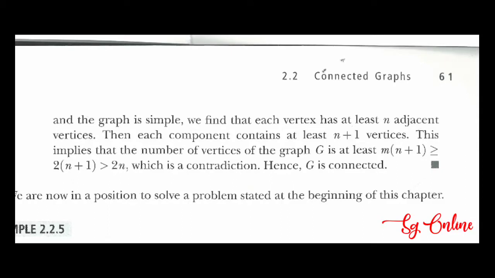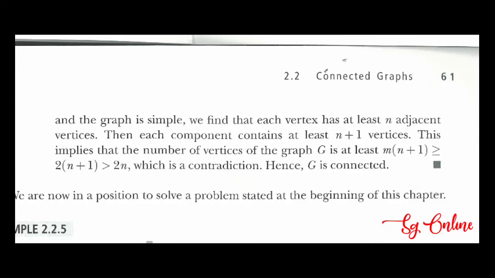Now we have assumed that there are m components, so the number of vertices in the whole graph will be at least m times n plus 1, and m is greater than or equal to 2, so it is at least 2 times n plus 1, that is greater than 2n, and so it leads to a contradiction. So what we have assumed, that the graph is not connected, is not true, and so the graph is connected.